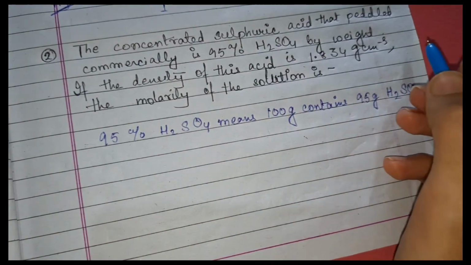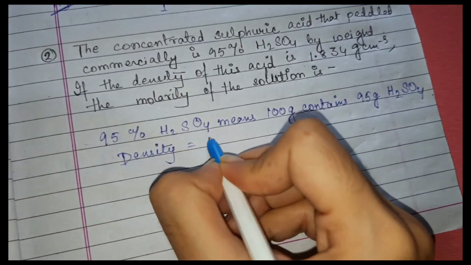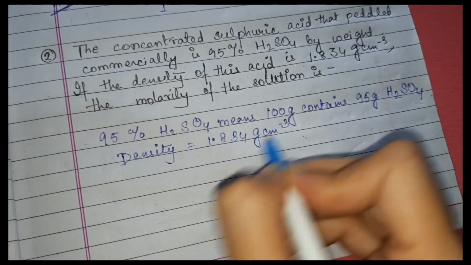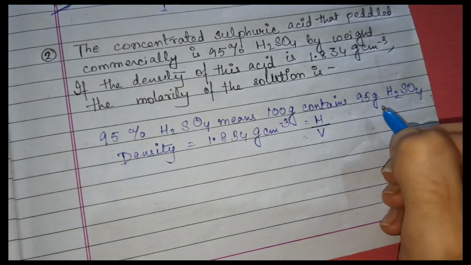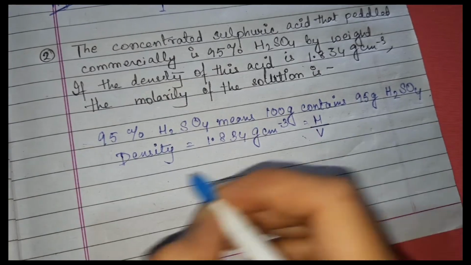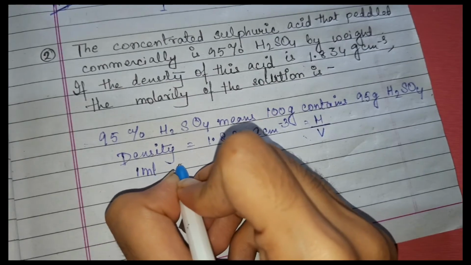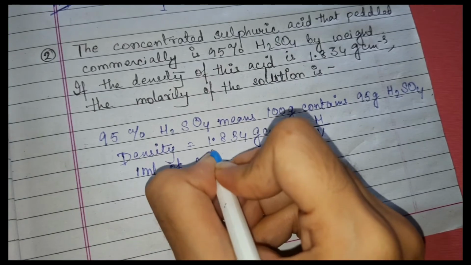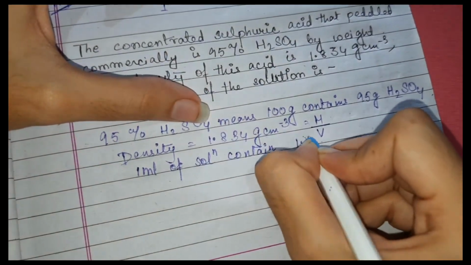Now, density is given. Density is what? Mass by volume. Density is given as 1.834 gram per centimeter cube. So can I say that 1 ml, since centimeter cube is given, so 1 ml of solution contains this much gram.